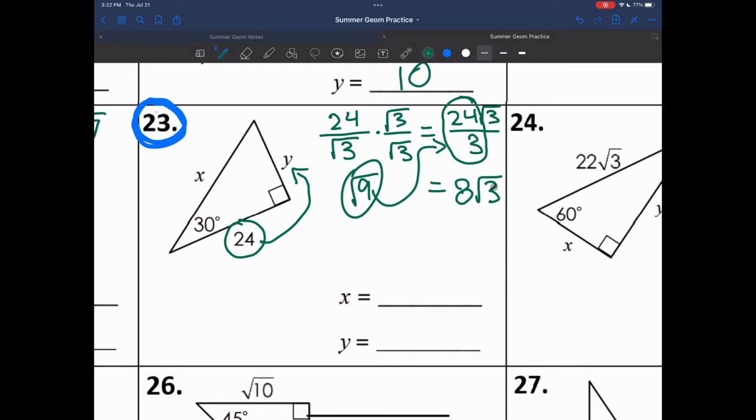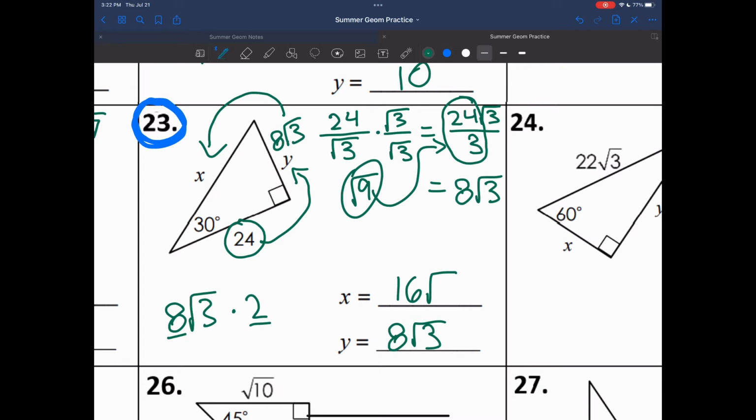So that thing that we just found would be our short leg. So our y variable is 8 square root 3. And then once you have your short leg, you can multiply it by 2 always to get your hypotenuse. So if we think about that, 8 square root 3 times 2, you're really just multiplying the 8 and the 2 together and getting 16 square root 3.